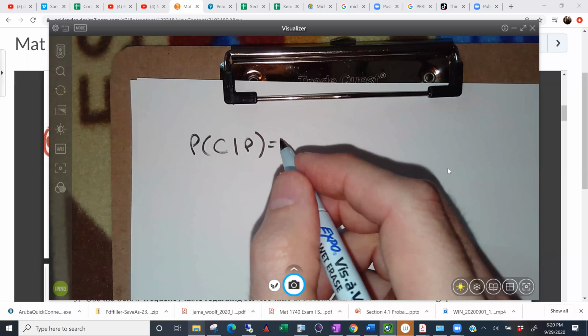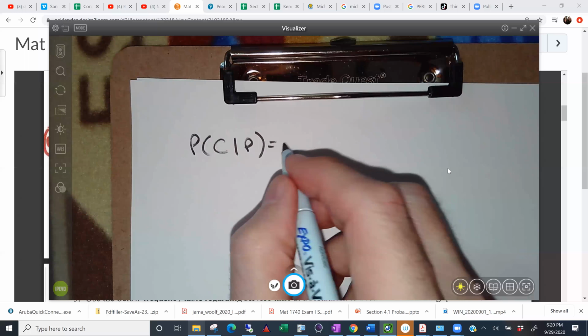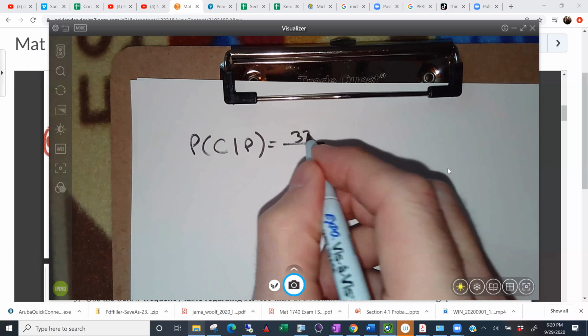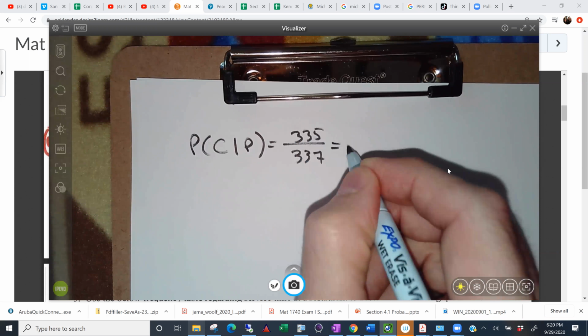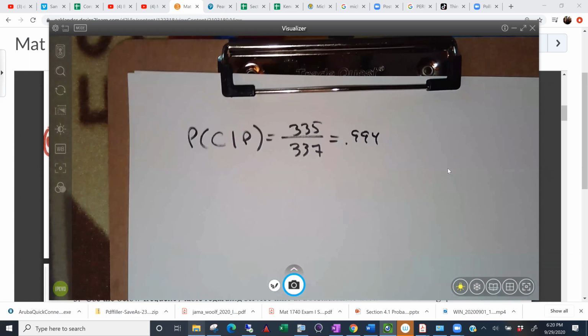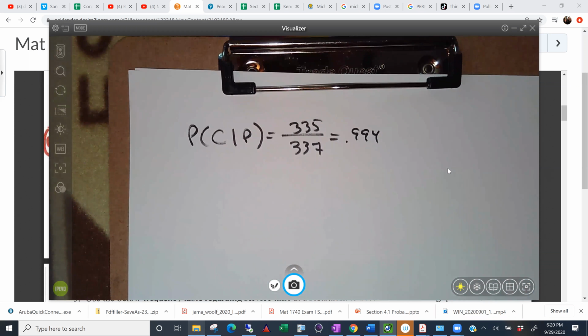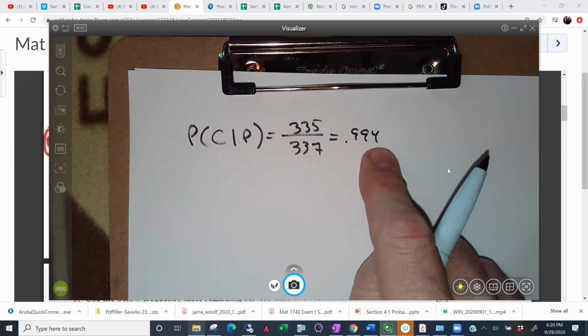It was 335 over 337, about 0.994. So pretty high. It's got a good predictive value. But that means you're going to miss a few people, 6 out of every 1,000. And when you're talking about 1 million people, that starts adding up.